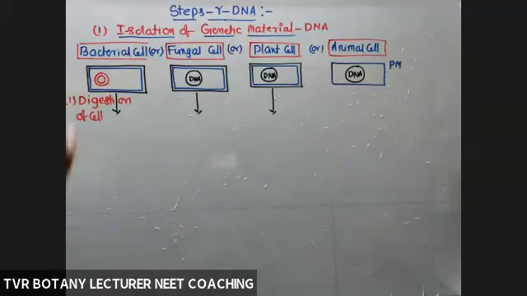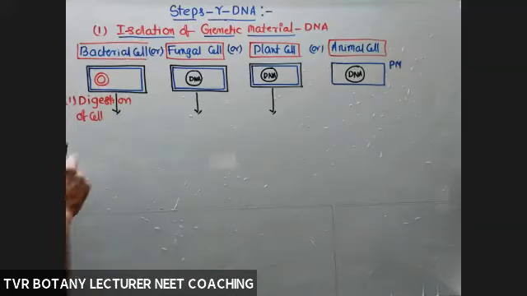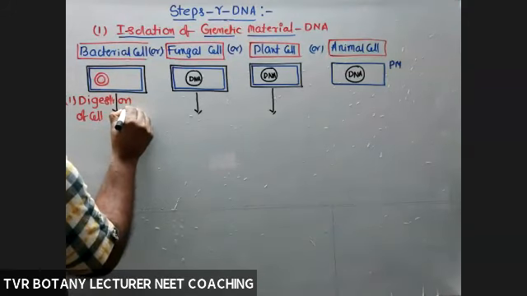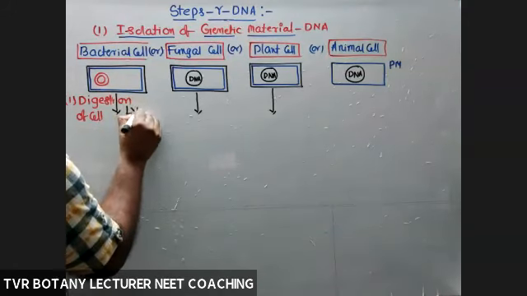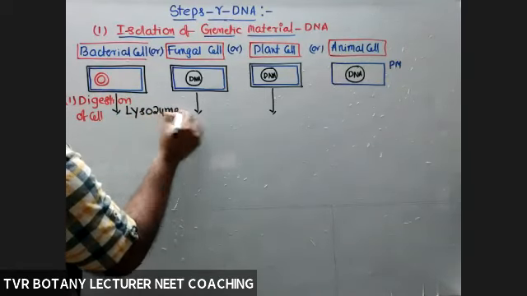In the case of bacteria, what is the cell wall component? Peptidoglycan, N-acetyl muramic acid and N-acetyl glucosamine linked by glycosidic bond. To break that one, the type of enzyme required is lysozyme. Lysozyme enzyme is required.